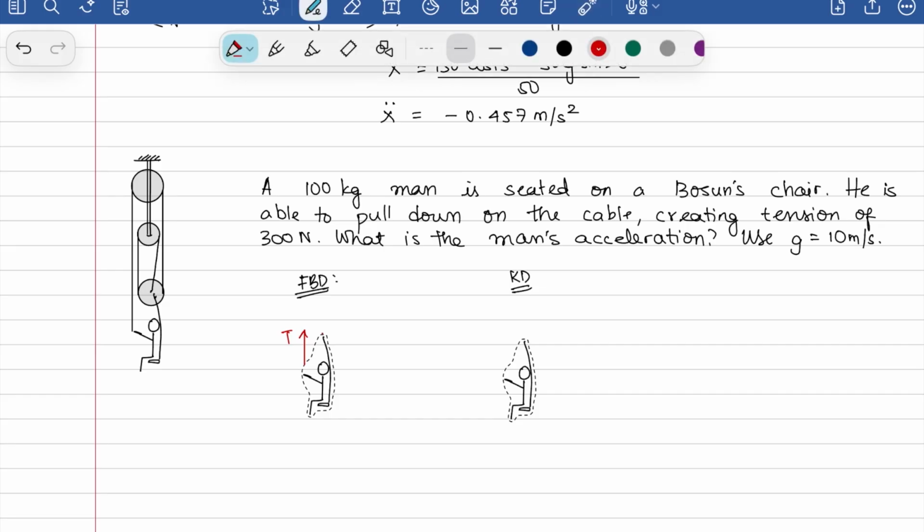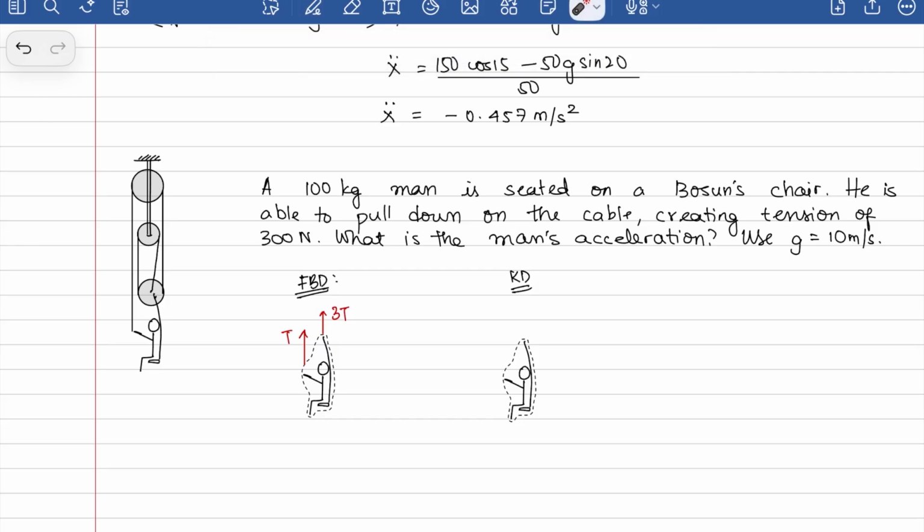So you have 3T acting over here, right? So this pulley experiences T, T, and T. And as I said previously, if you don't know what the radii are, you can assume that they're all parallel and upwards. So we have 3T and T there.